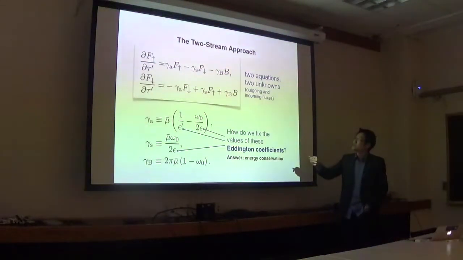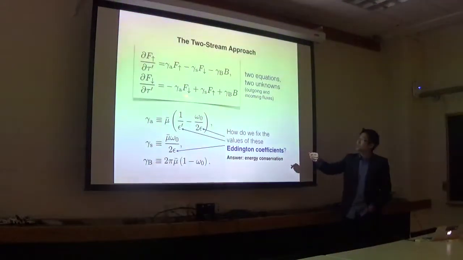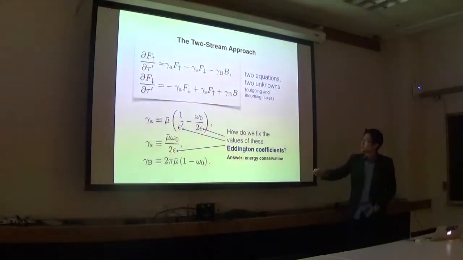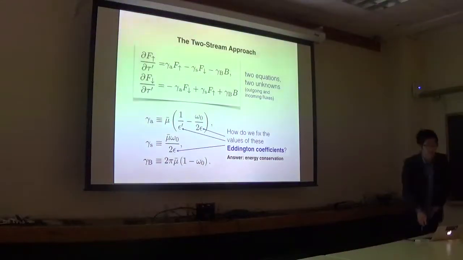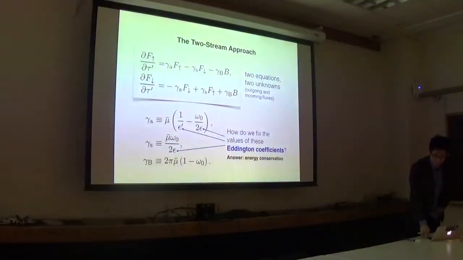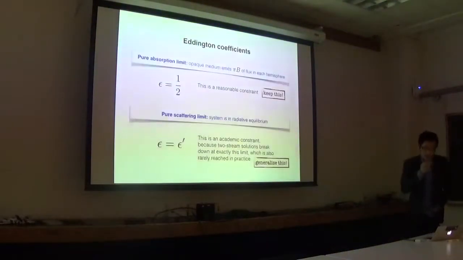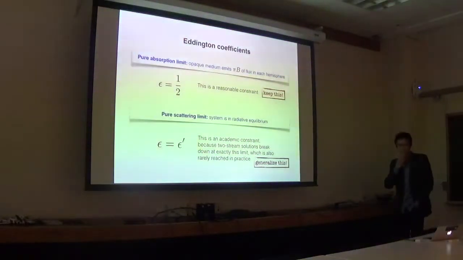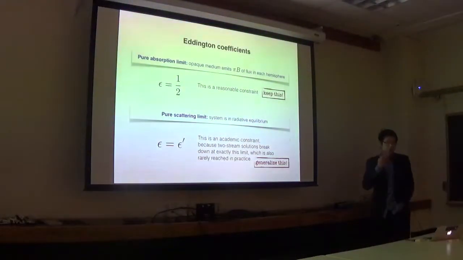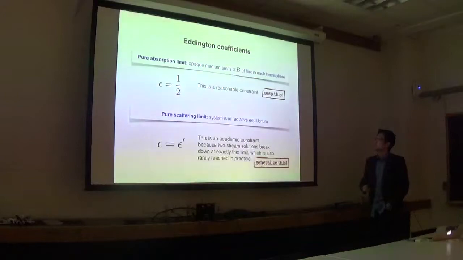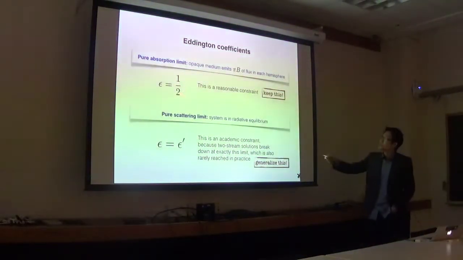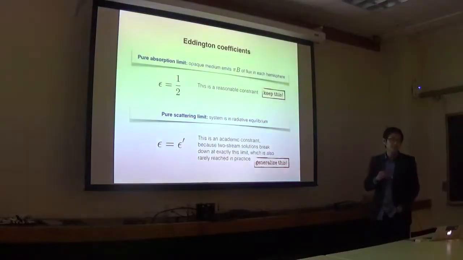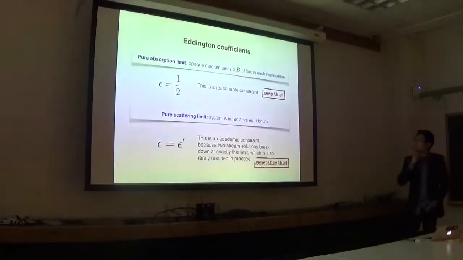But the detail that's important is that hidden in these coefficients are these Eddington coefficients. And how do we fix the values of these Eddington coefficients? This was done in the '89 paper by Toon. There were two lines of reasoning. The first line of reasoning is that in the opaque, purely absorbing limit, you should get pi B of flux in each hemisphere. And when you do that, you get half for this Eddington coefficient.